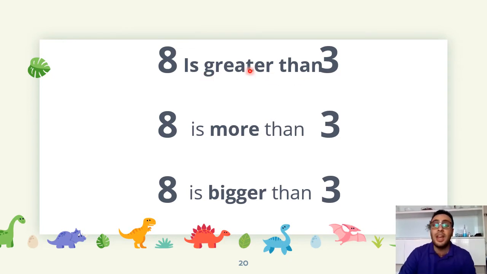Repeat after me. 8 is greater than 3. Very good. Or 8 is more than 3. Very good. Or 8 is bigger than 3. Now it's your choice to say what you like, okay? You can say greater, you can say more, or you can say bigger.